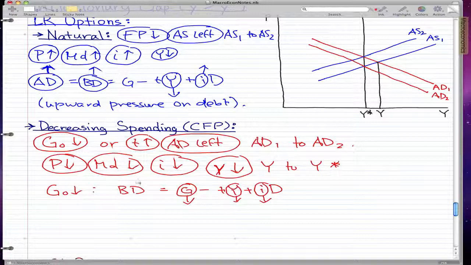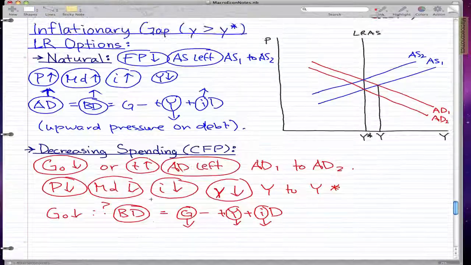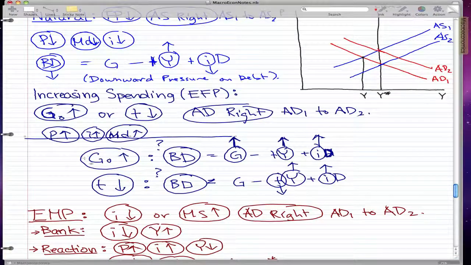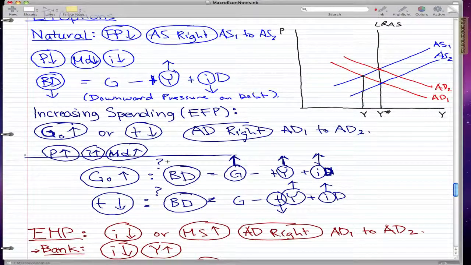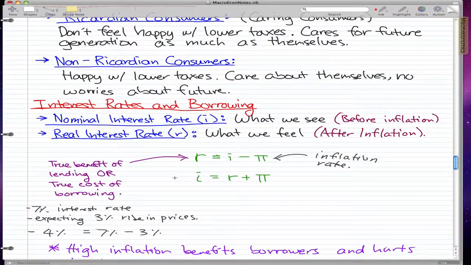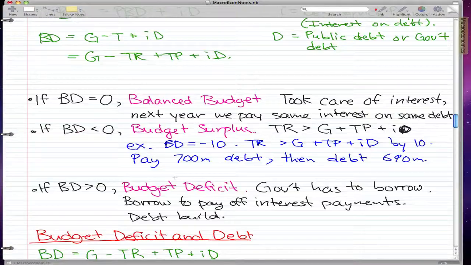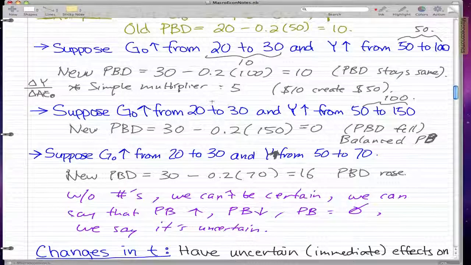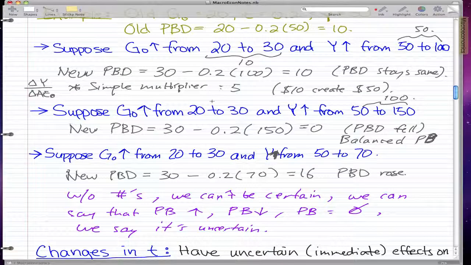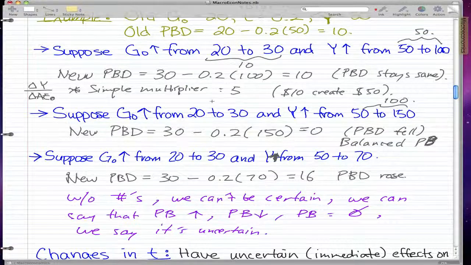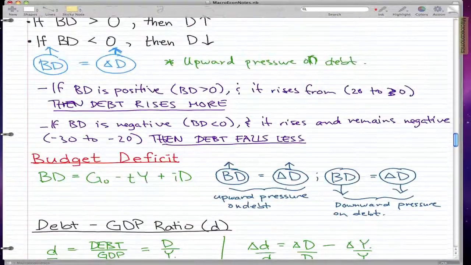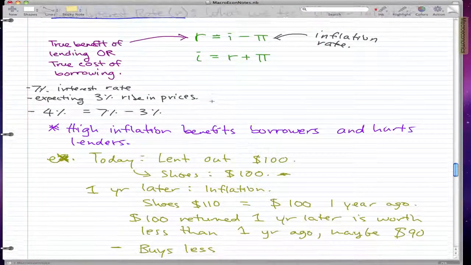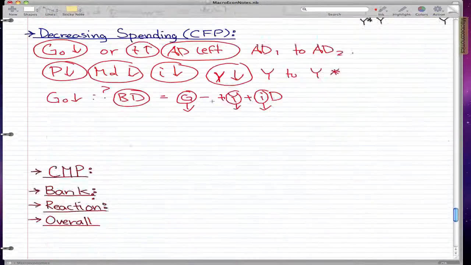But this makes our budget deficit uncertain. It is much for the same reasons as when we went through the budget deficit for increasing spending in the recessionary gap. Without numbers, we cannot know the direction that the budget deficit takes. So we need the numbers to get an accurate understanding of the direction that the budget deficit will take.